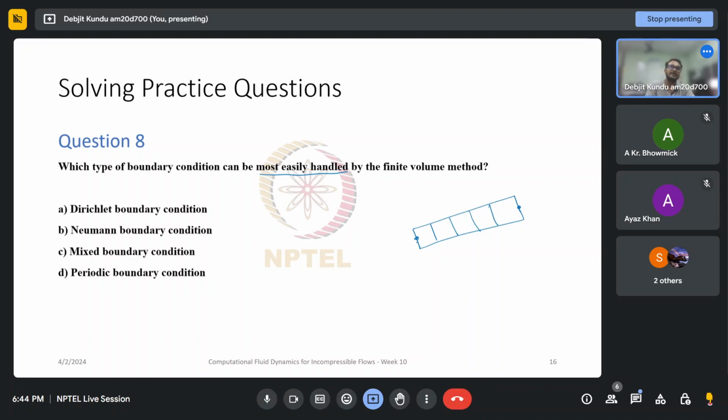So what type of boundary condition, a Dirichlet one, a Neumann one, a mixed one, or a periodic one, would be most easily handled by the finite volume method without including further complexities and approximations?